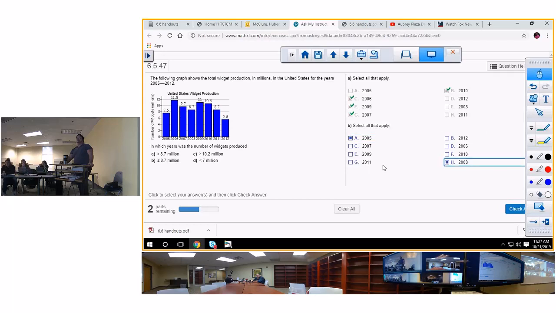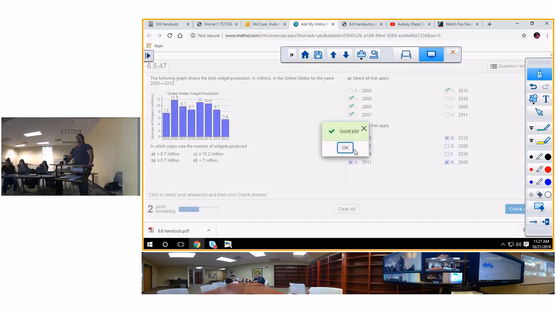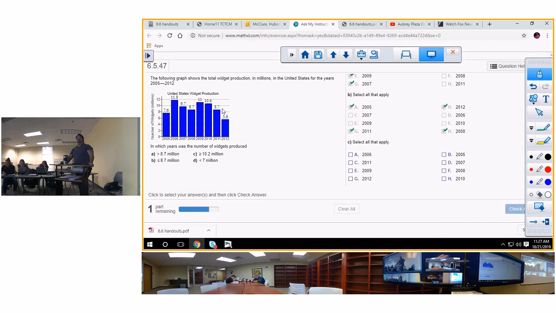I love how they put these out of order. I don't know if they're trying to confuse you or what. Now, why did I choose 8.7? Because it has an equal to. Above 10.2 or equal to. 2006, 9, and 10.